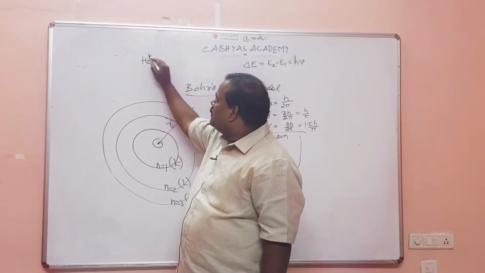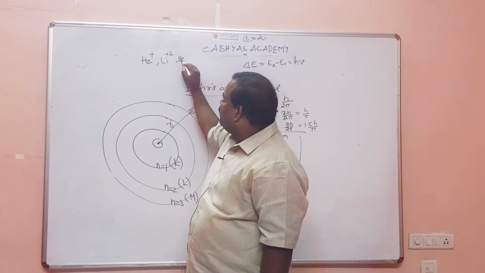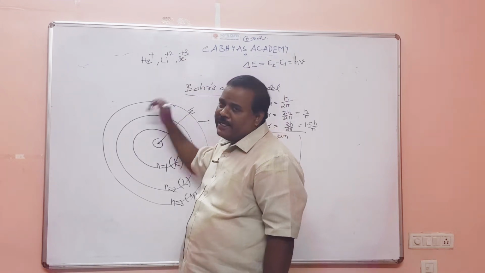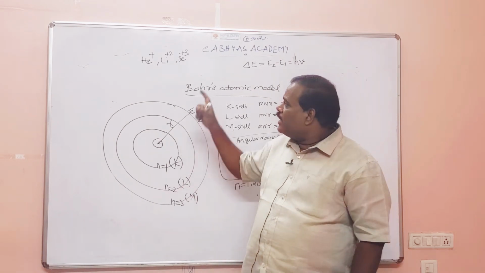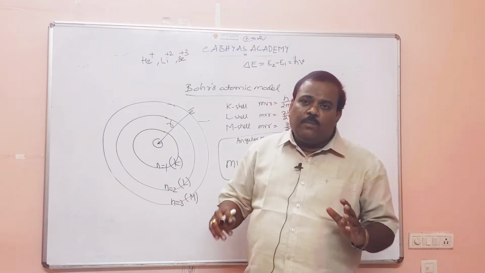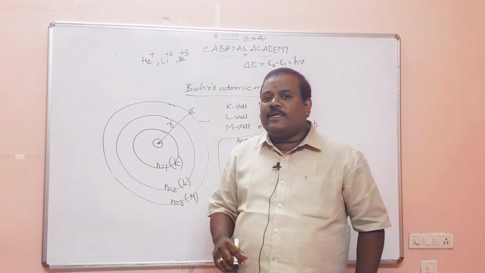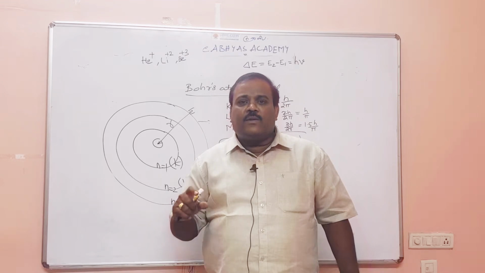He plus, Li plus 2, Be plus 3, all these three contain one electron like hydrogen, hence they are called hydrogen-like species. So Bohr's theory was successful in explaining atomic spectrum of hydrogen and hydrogen-like species.